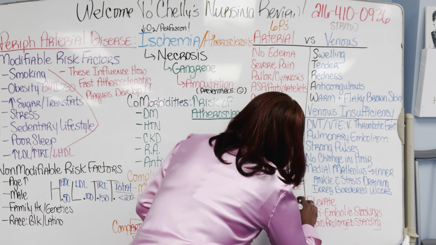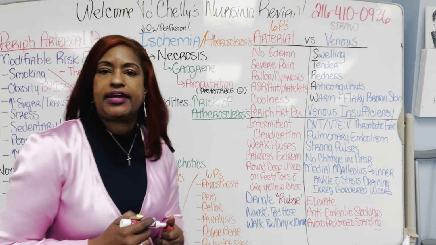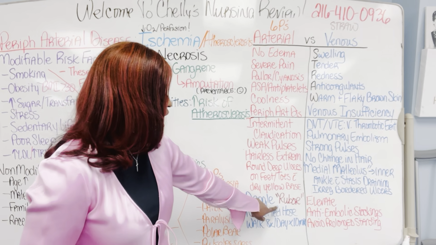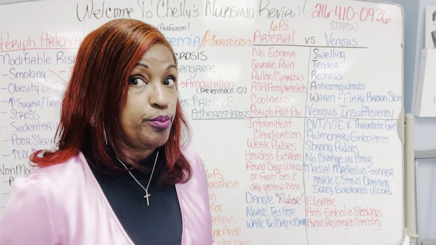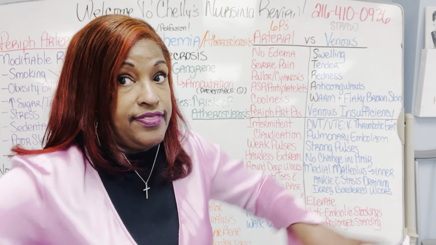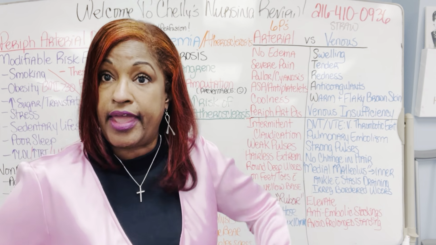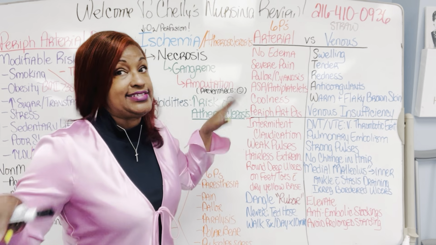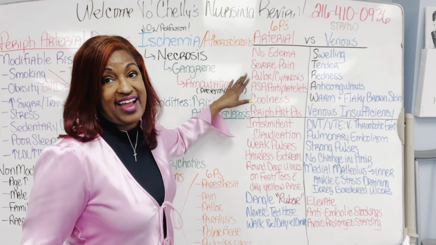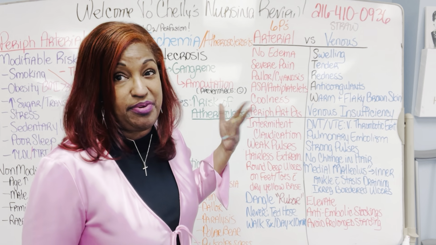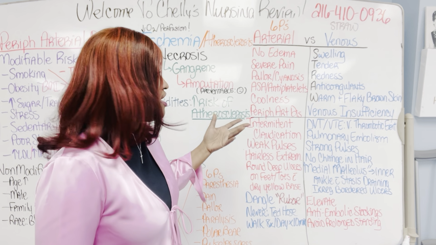And I actually used a deeper red color to describe that. When they dangle, they can have rubor, which is a deeper, darker red. That's when they dangle and try to get blood down there. But ordinarily, if they're not dangling and trying to get the blood flow to move down, they're going to be not that great a color, maybe even some bluish cyanosis areas.